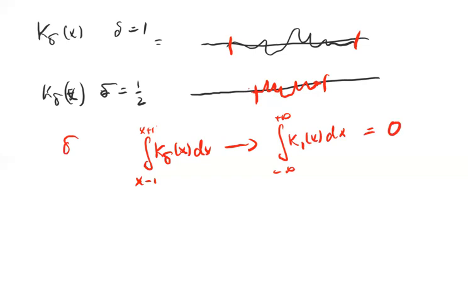Because if you make delta small enough, everything important is in that interval from x minus 1 to x plus 1, and outside it's just a very small value. Okay, and that's the sketch of problem number 2.